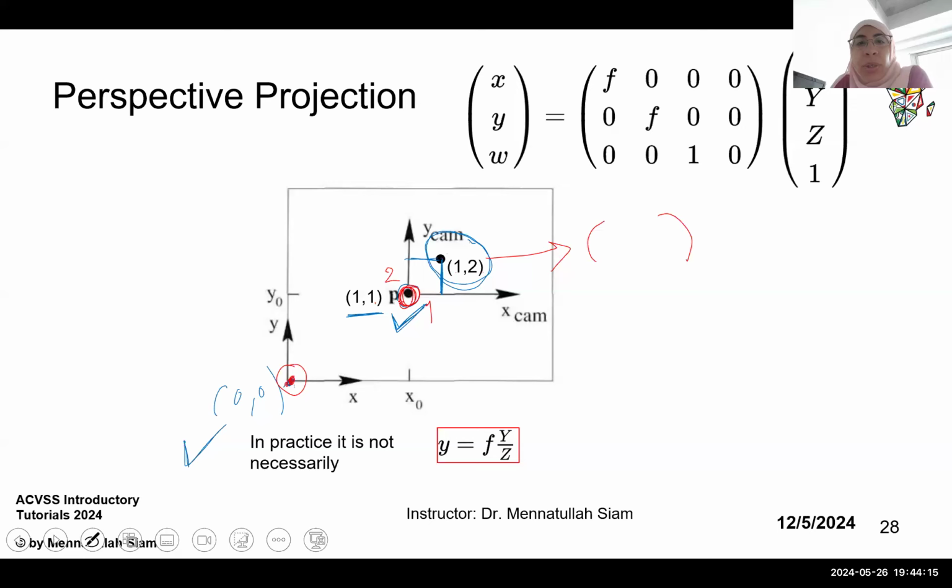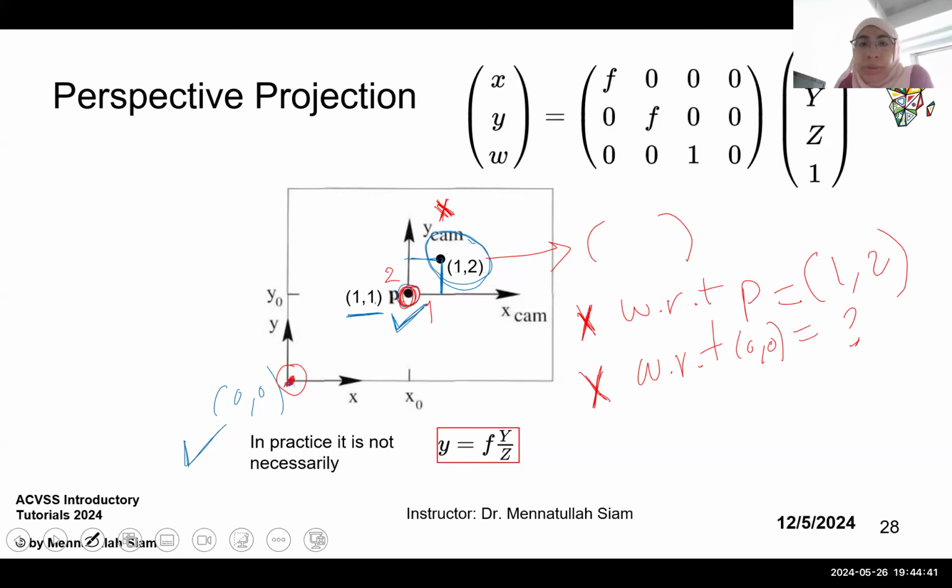So this point, let's call it X bold. Now I want to see X bold, which with respect to P is 1, 2. X bold with respect to the origin 0, 0 is going to be equal to what? This is the question.